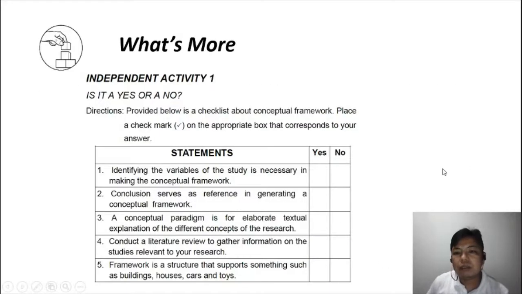Okay, so that concludes our lesson proper. Now, we proceed to your post activity. So, we have several post activities that you have to accomplish. So, for your first activity, the direction is provided below is a checklist about conceptual framework. Place a check mark on the appropriate box that corresponds to your answer.